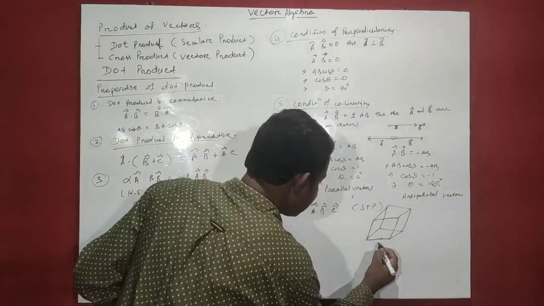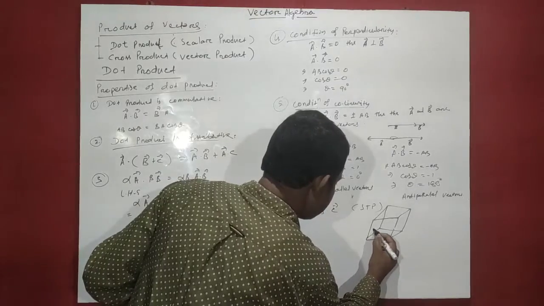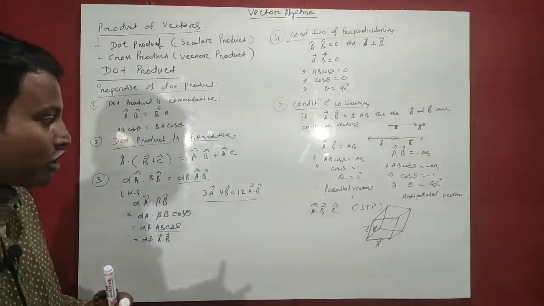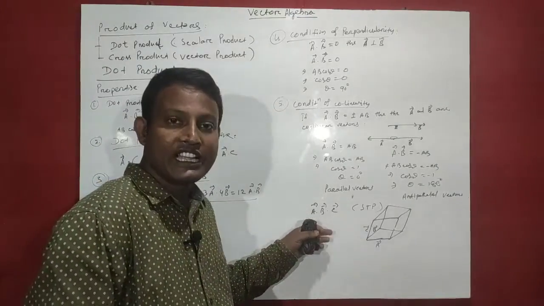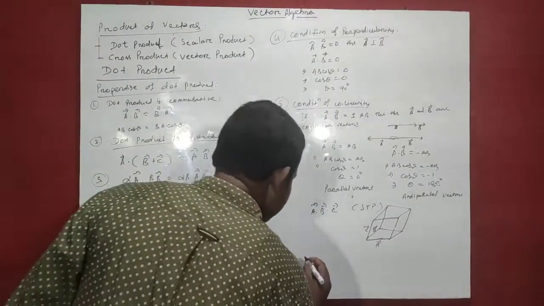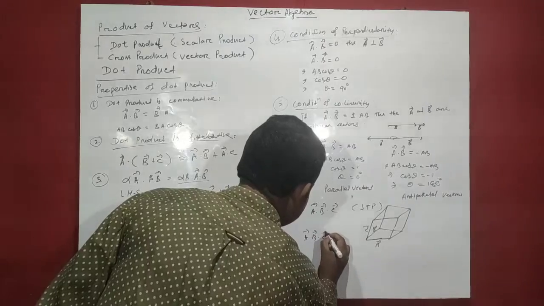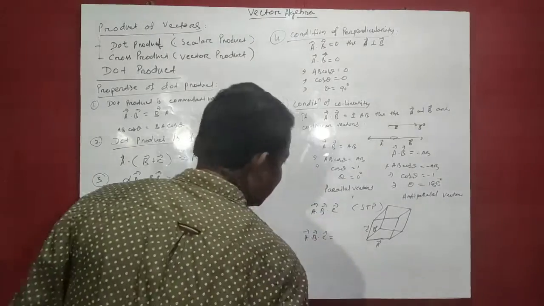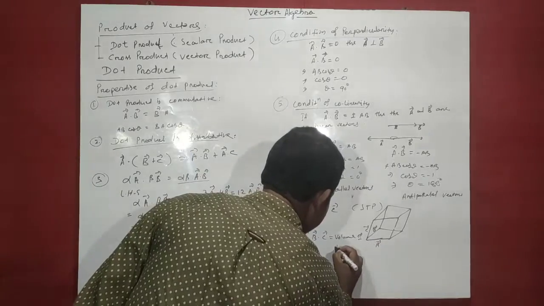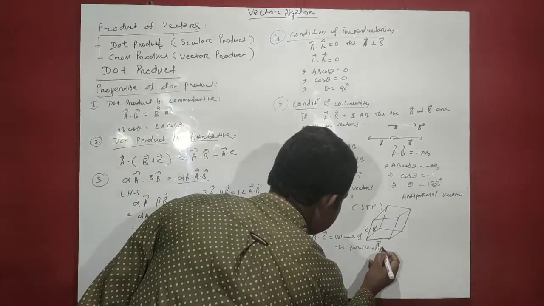Let this side be represented by vector A, this by B, and this by vector C. So the scalar triple product of A, B and C is equal to the volume of the parallelepiped.